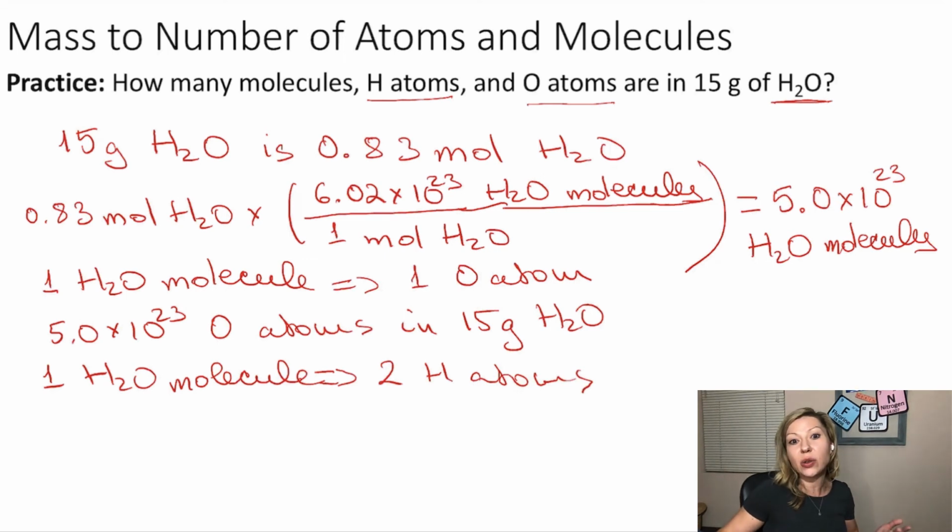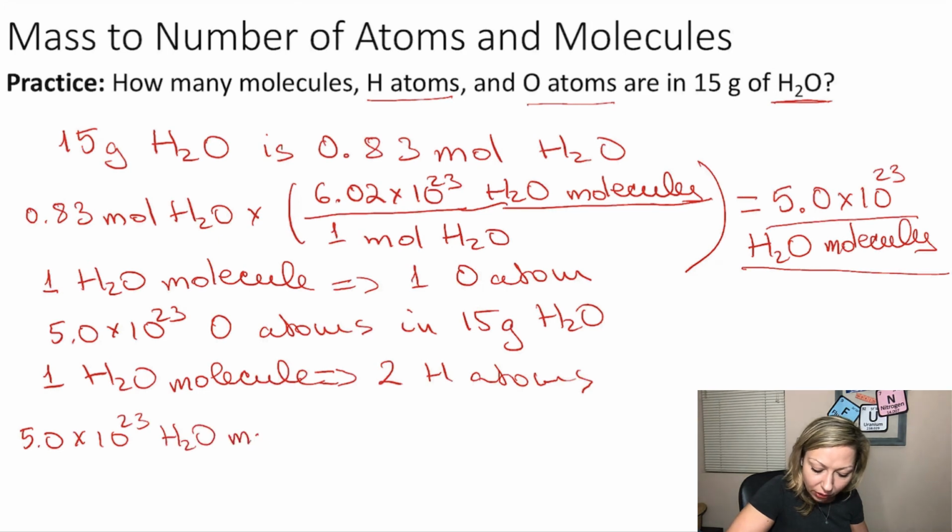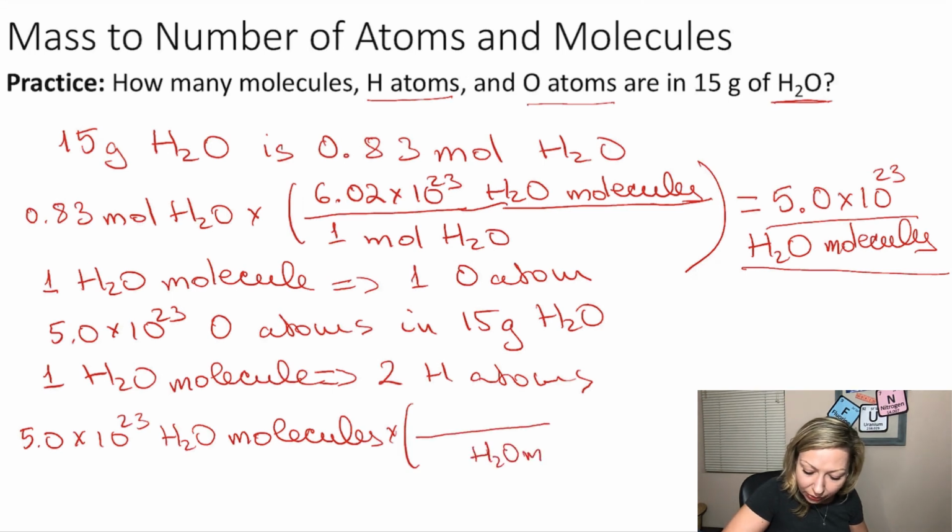So how do I calculate the number of hydrogen atoms? I can simply multiply the number of H2O molecules by 2, or I can write it out nicely with a conversion factor. So if I have 5.0 times 10 to the 23rd H2O molecules, my fraction will be H2O molecules on the bottom and H atoms on the top.